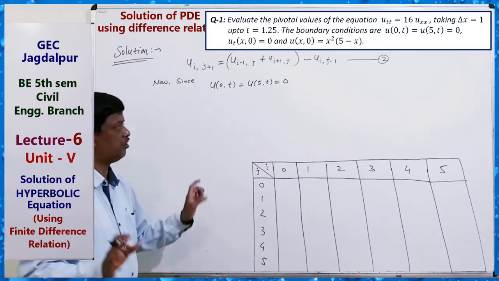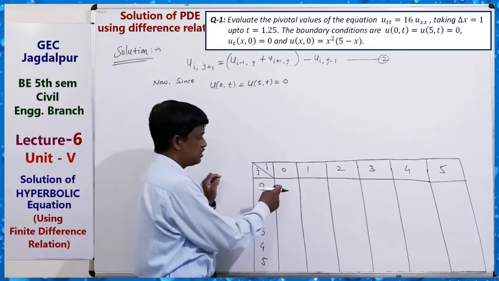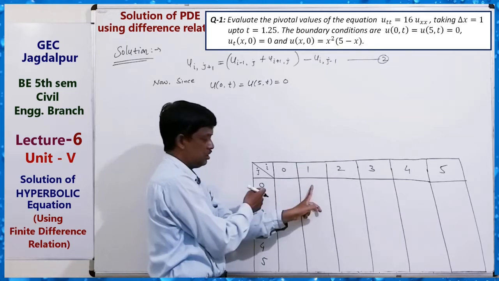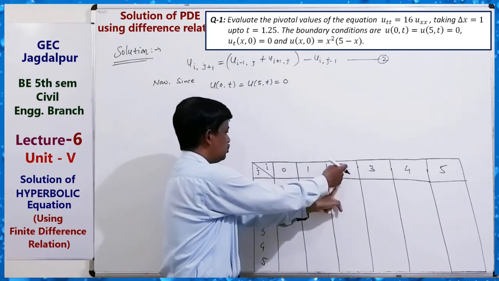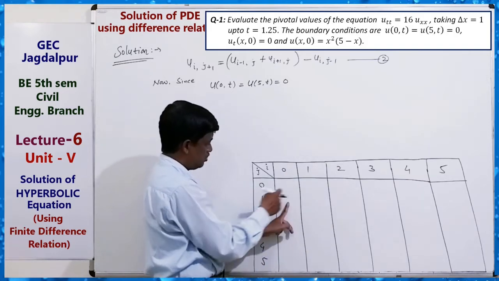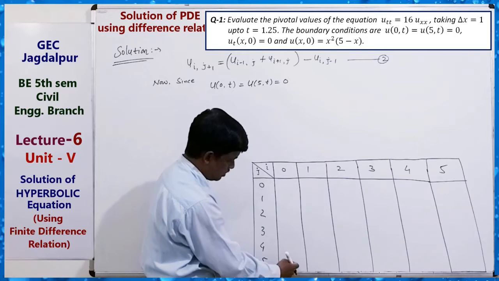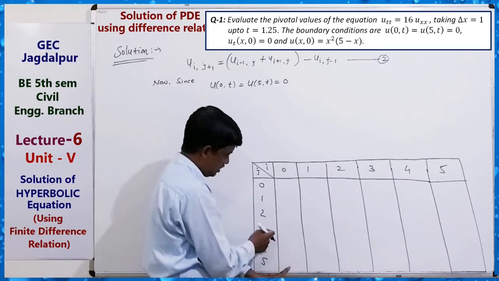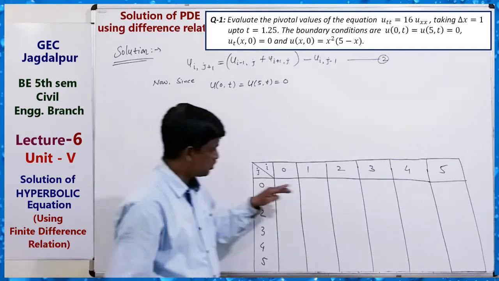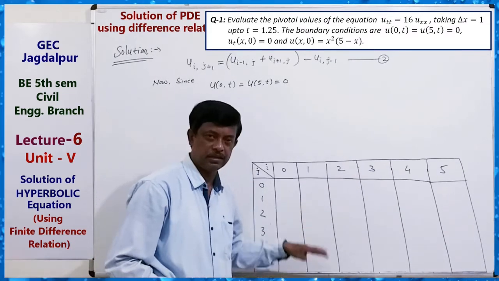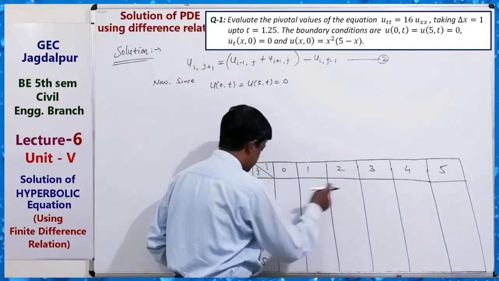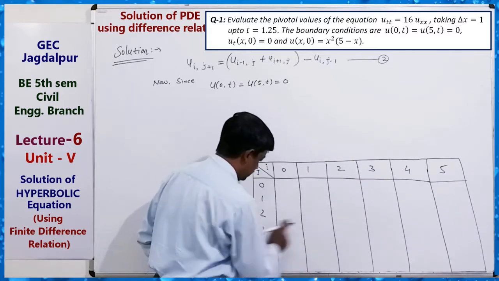This is i equals 0, j equals 0. This is i equals 1, j equals 0. This is i equals 2, j equals 0. Like this, i equals 0, j equals 1. Here we can consider i equals 0, j equals 5. Here i equals 1, j equals 3. So complete the first row, then second, then third, up to this level: first level, then second, third and fourth level.